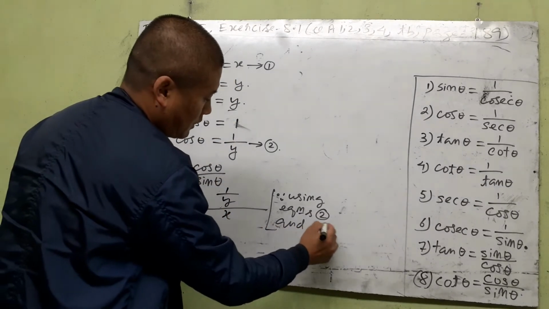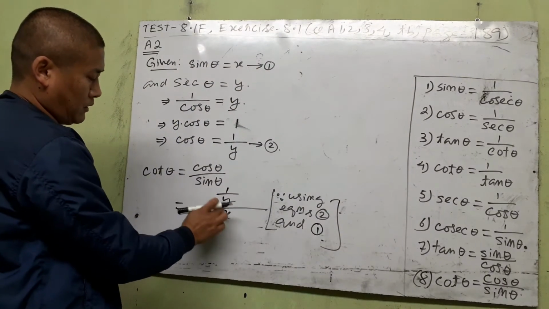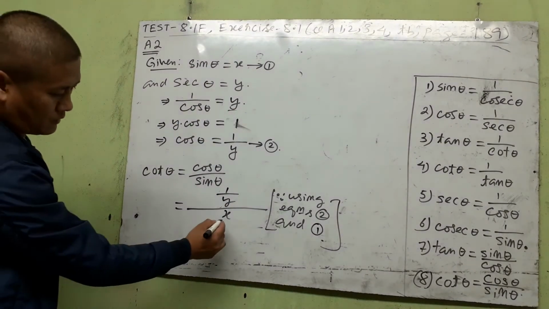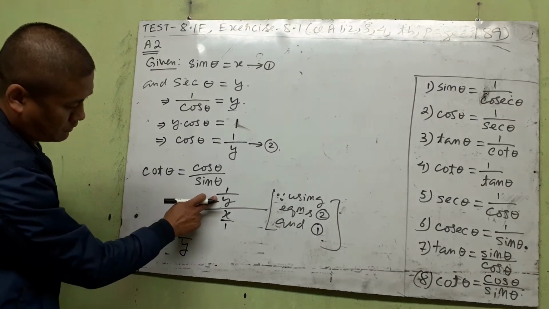So we get 1 by y, divided by x, which is x by 1.